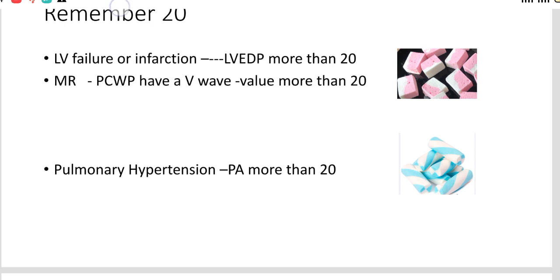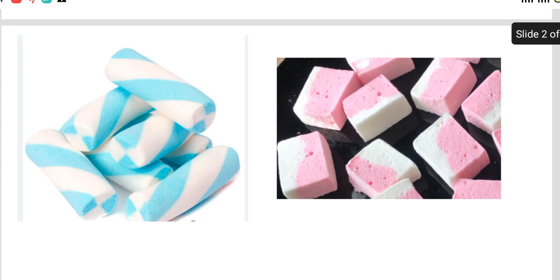Okay, now we are going back to our theme, that is cardiac catheterization with the marshmallows. So still not allowed to go for the marshmallows. Now we did the 10, again 10, next 20. Next thing is looking at the saturation. Saturation-wise, the numbers you have to remember are 75 and 96.